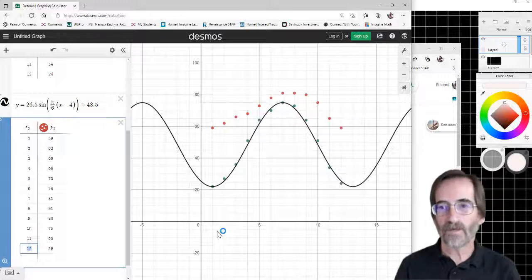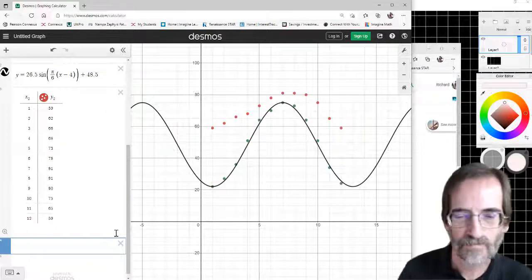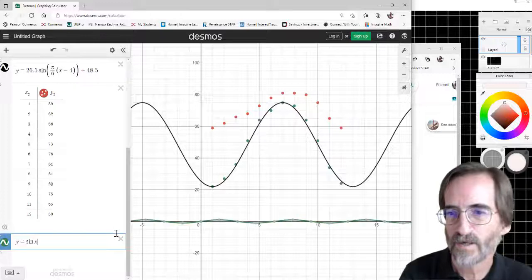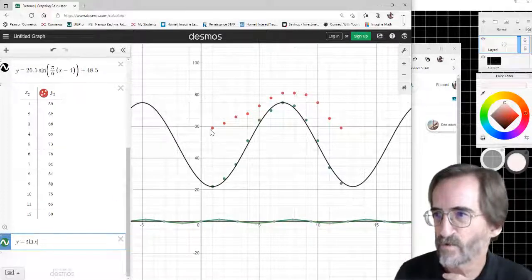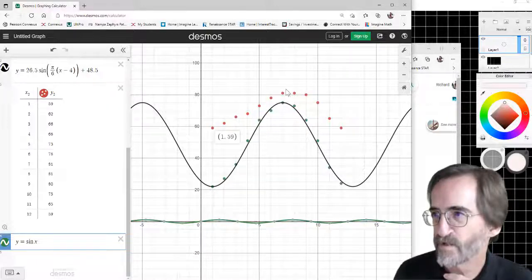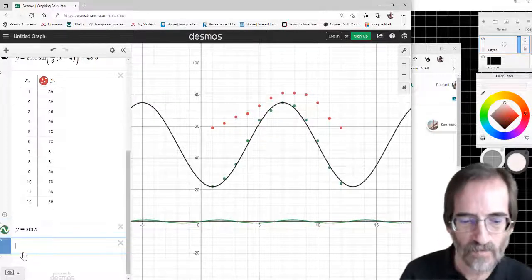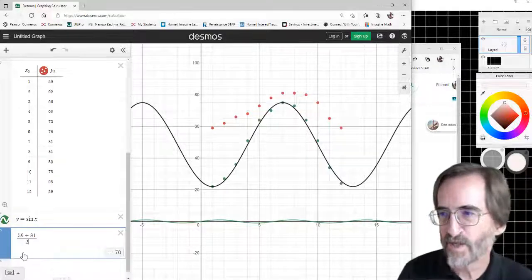So let's do the math again. Okay, we're going to create a graph to go through this. So first I'm going to just start with y equals sine x. Okay, and I'm going to modify it here. So our low is 59, our high is 81. The average of 59 and 81 is 70.